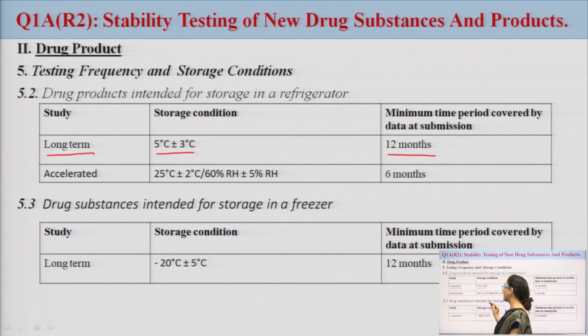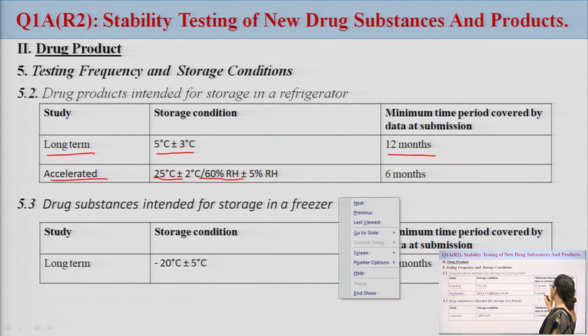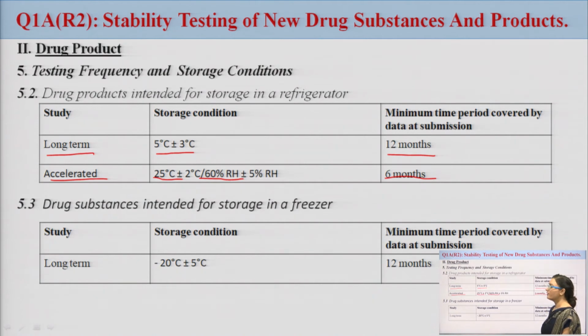And for accelerated study, 25 degrees Celsius temperature with 2 degrees Celsius variation is recommended, 60% relative humidity with plus minus 5% variation, and this study is generally conducted for 6 months.